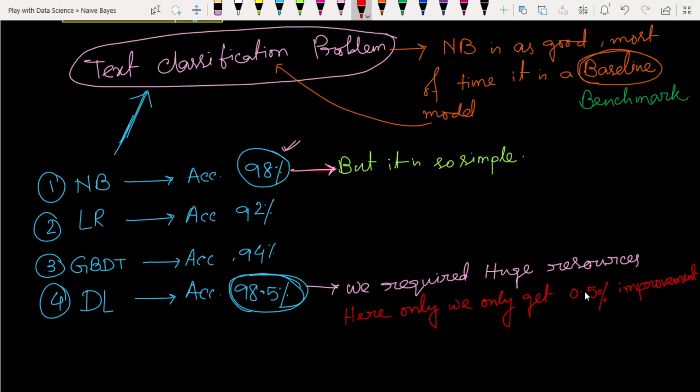Nothing else. Only for 0.5% we cannot invest such huge resources.